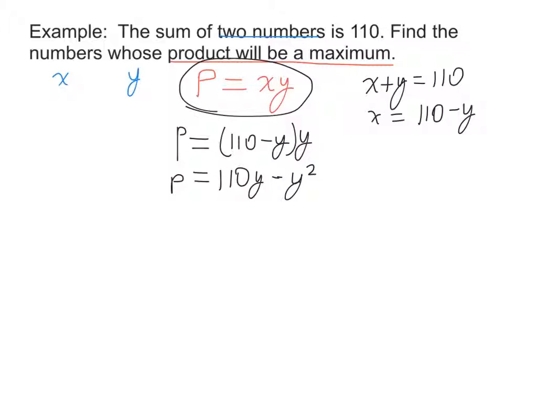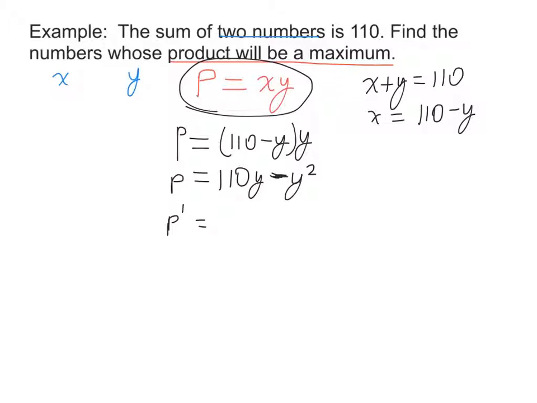Now I'm down to one equation that I'm going to try and maximize. Well, if I want to maximize this, remember what we do. We're going to take the derivative, set our derivative equal to 0, and find our critical numbers. So let's take the derivative of this. The first derivative of P with respect to y, I'll call it P prime.